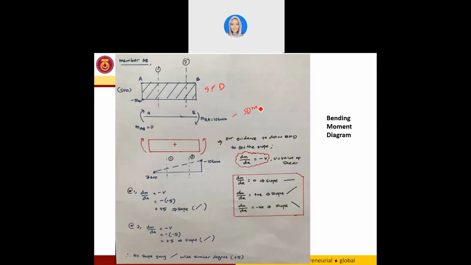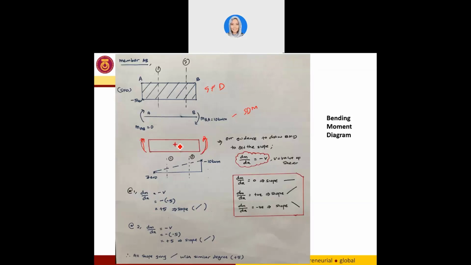Okay, this is our guidance in order for us to draw our bending moment diagram. If you have a moment at this end, positive moment, clockwise moment, and at this end you have a negative moment, anti-clockwise moment, so your moment here is going to be positive.